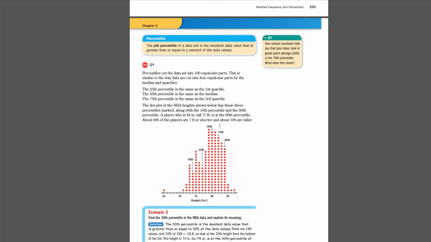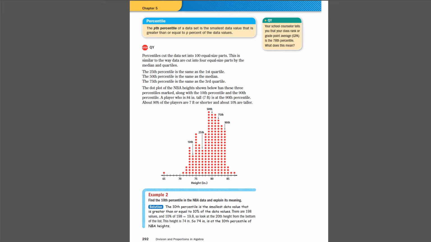Well, how did they calculate that? Let's go down and take a look at example 2. It asks you to find the 10th percentile in the NBA data and explain its meaning. The 10th percentile is the smallest data value that is greater than or equal to 10% of the data values.